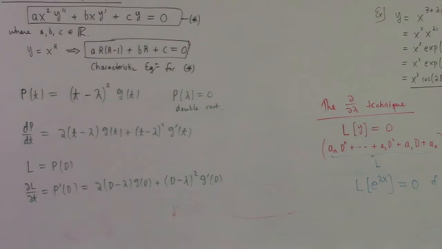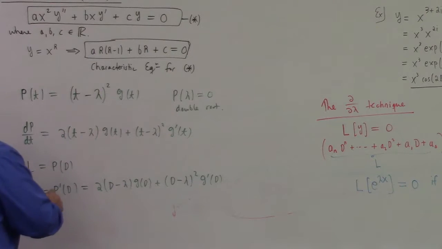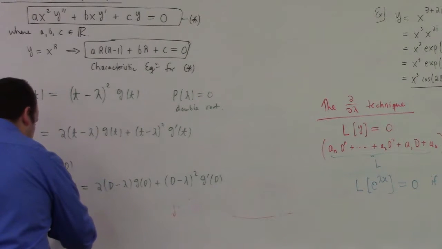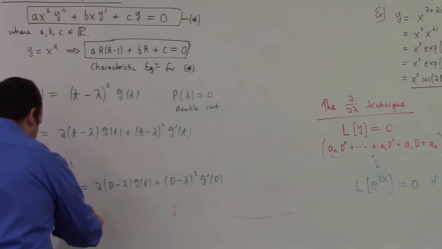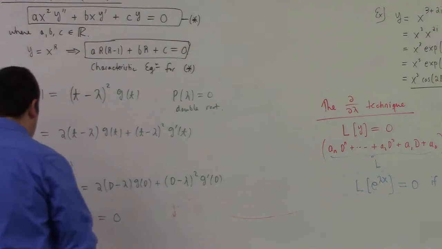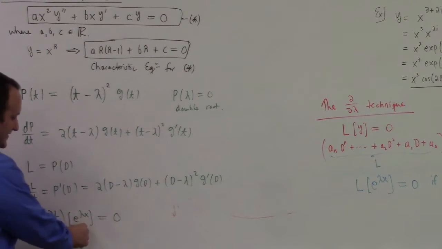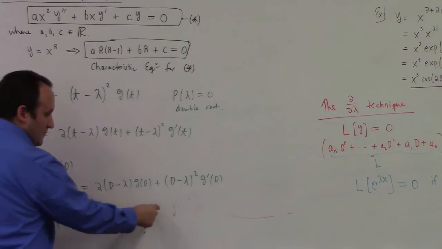And the point is, you can see that if you take this operator and act on e to the lambda x, you get 0. Because e to the lambda x is sent to 0 by that operator and that operator.